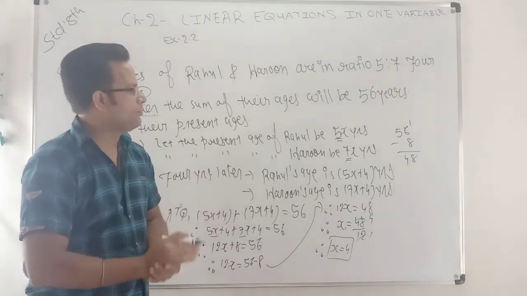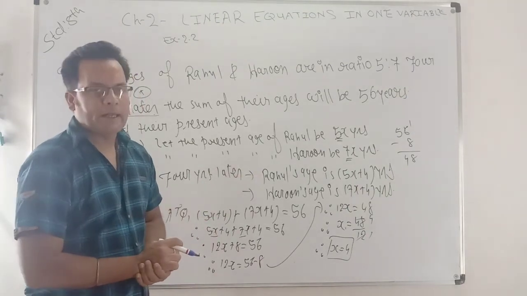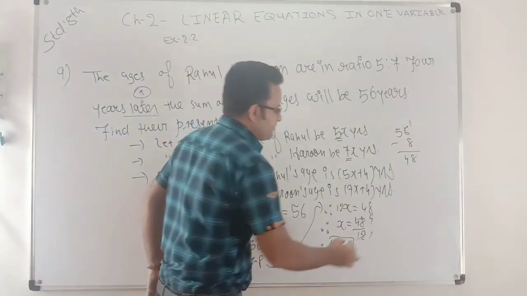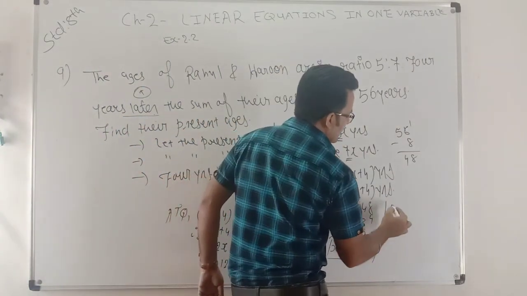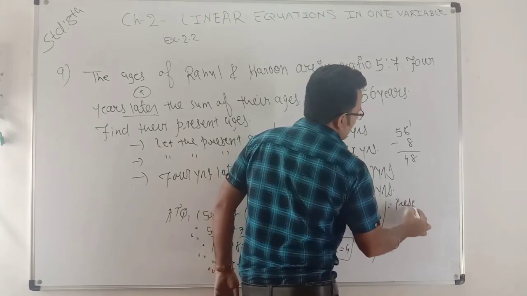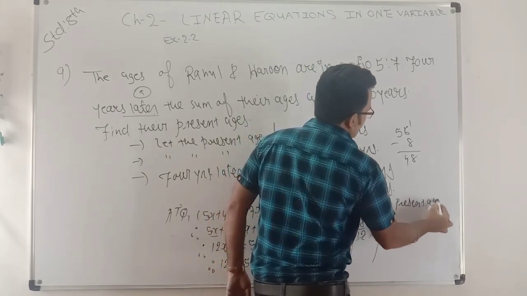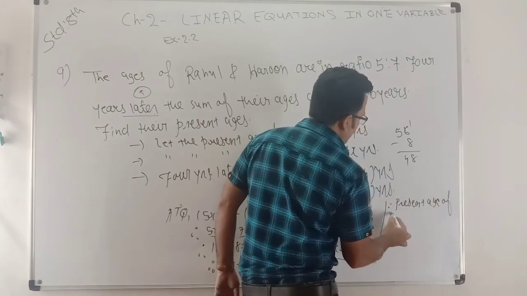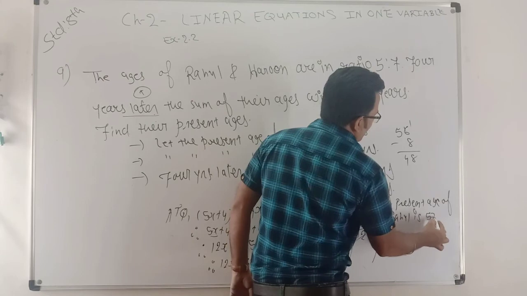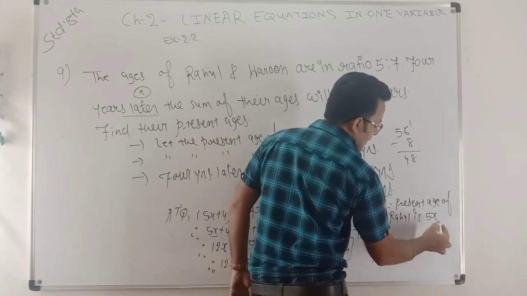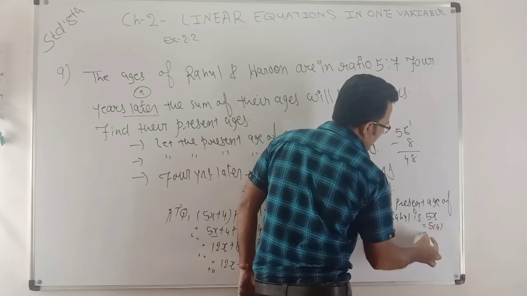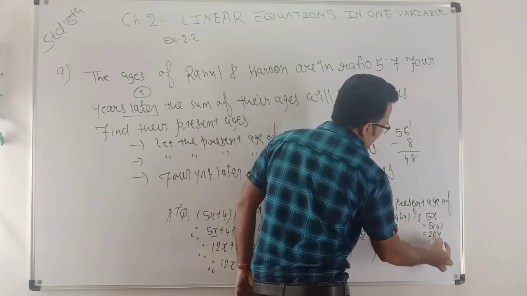Now you have to substitute, because we have to find a present age. So present age, now we will be making substitution. Therefore, present age of Rahul is 5x is equal to 5 into 4 is equal to 20 years.